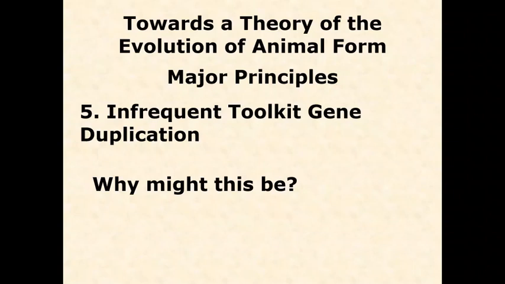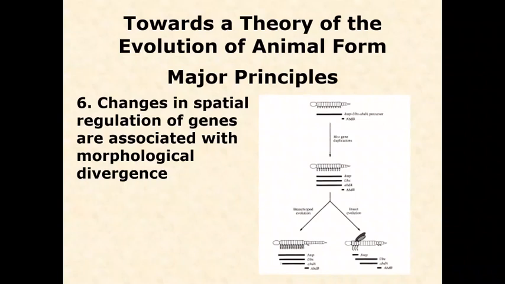And so any mutation that makes a major phenotypic impact on an organism, if we're just randomly changing it, almost certainly that's going to be a bad thing, right? A random mutation that changes the phenotype dramatically is probably going to be a negative mutation and selected against. Every once in a while, it might be beneficial, but those are probably really rare. So we usually have infrequent toolkit duplication because tinkering with these really, really important developmental genes might have a negative impact.